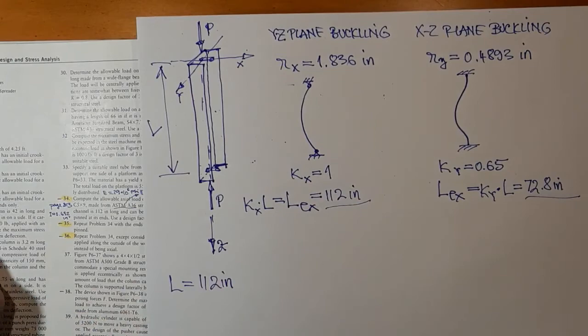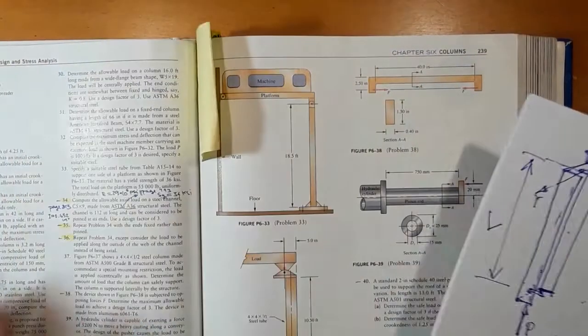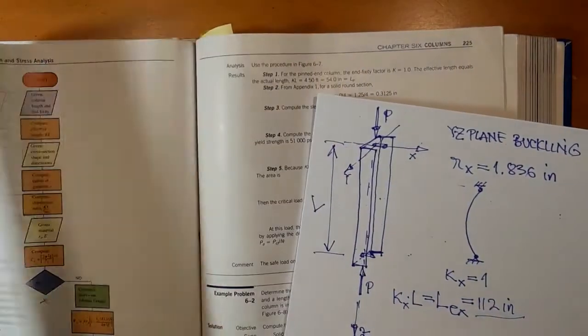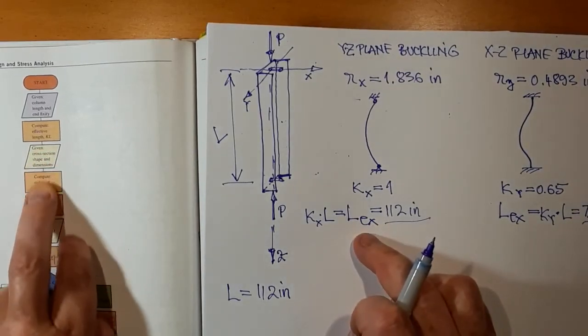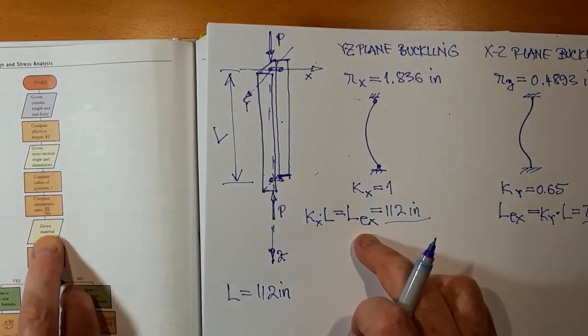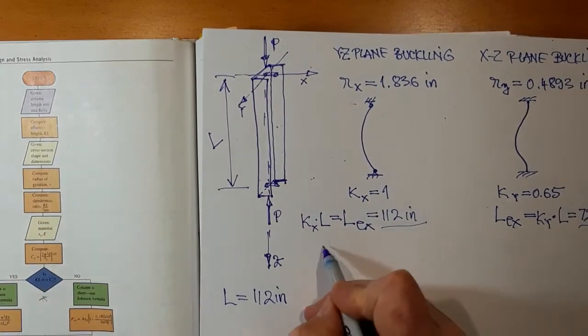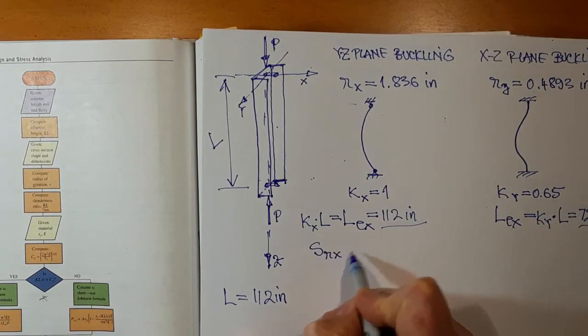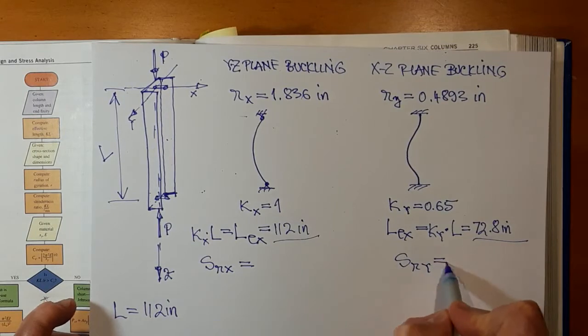In addition, we need to calculate, so bookmarking this. Let's go to where the first flowchart is. So we calculate the equivalent length. We have calculated radius of gyration. We calculate the slenderness ratios, SRX and SRY.